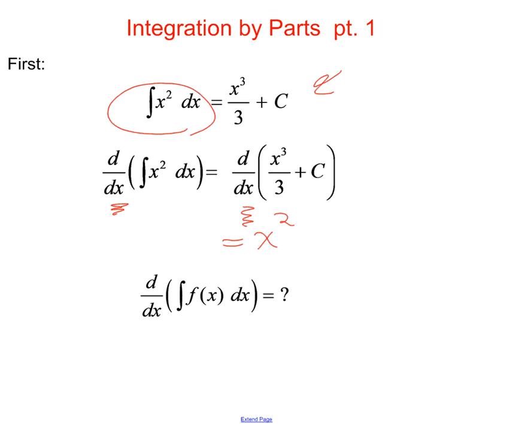The derivative of c is 0. And what you should realize and already know is that when I take the antiderivative and find the derivative, I get back to what I started with. So the idea is that if I take the derivative of the integral of f of x, I get back to just f of x.